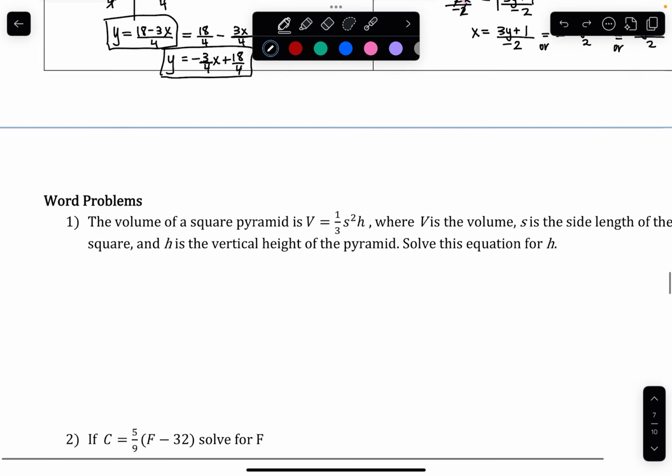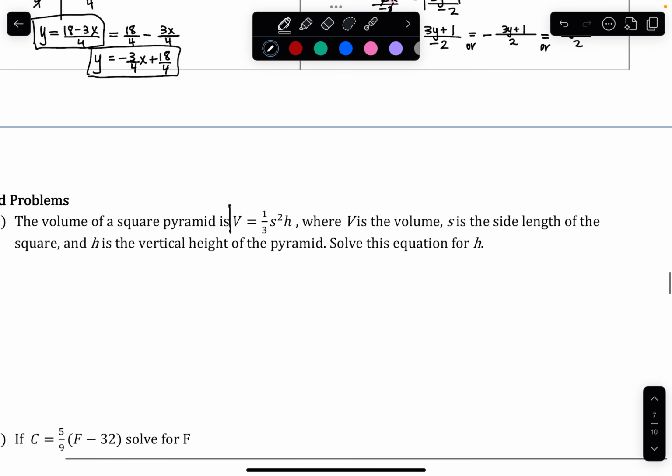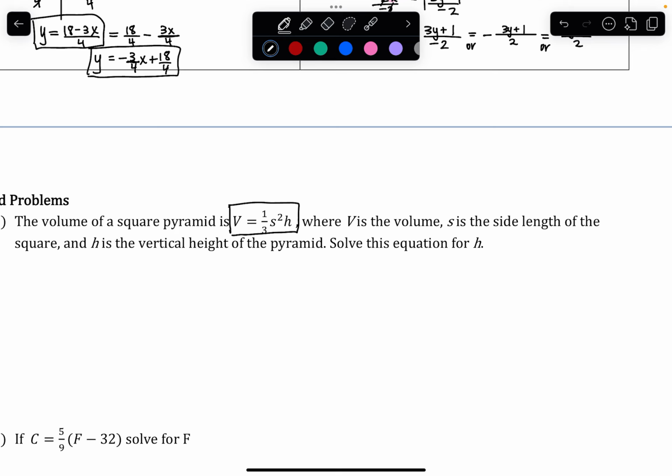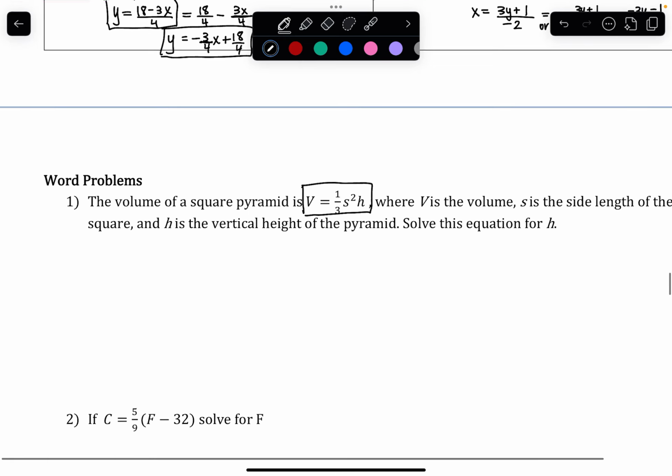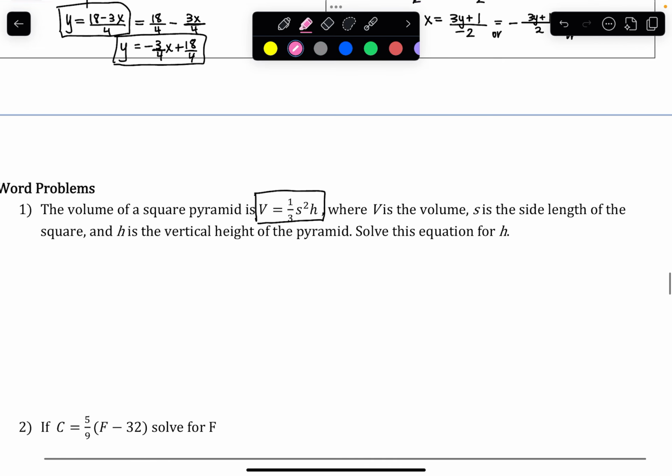Okay, and so here it says the volume of a square pyramid is given by this fancy equation where V is the volume, S is the side length of the square, and H is the vertical height of the pyramid. Solve for H. Okay, and so I'm going to recopy the equation.